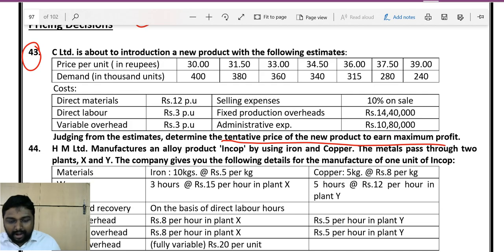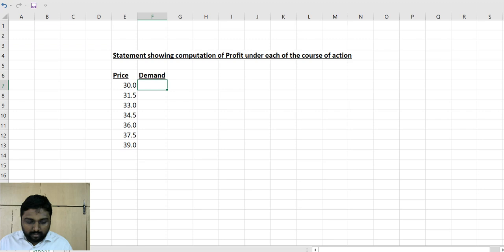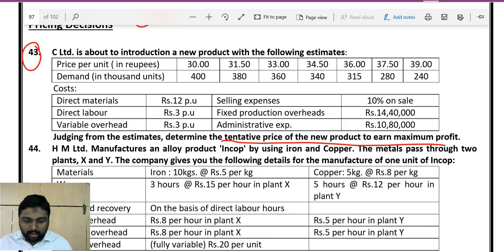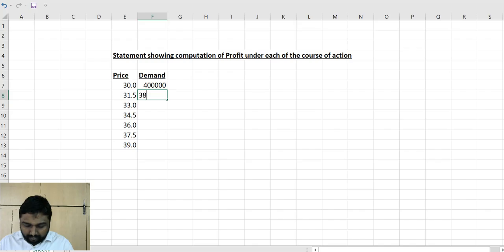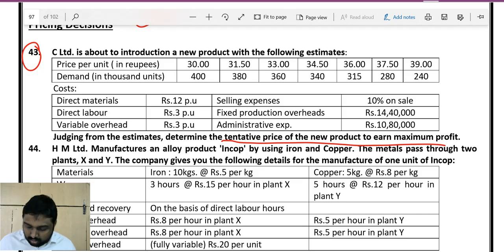So demand. What is the demand? See, 400 in thousands, which will be 4 lakh. So 3 lakh 80. Why? Because rupees in 1000, demand in 1000.